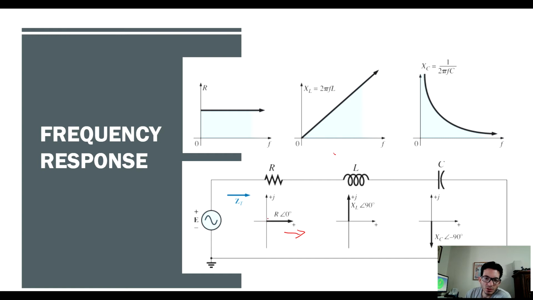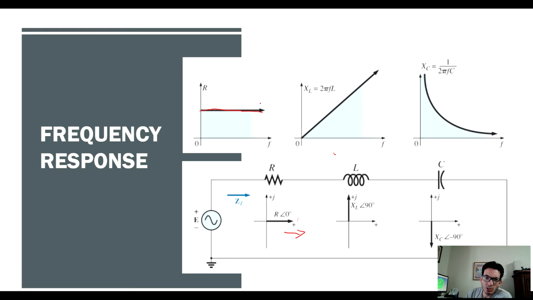So for a resistor, you have no imaginary contribution. All the contribution is going to be in the real axis. So it's going to be just resistance. And if you were to plot that in terms of frequency, you would get that it's a uniform behavior. You vary the frequency, you get the same resistance.